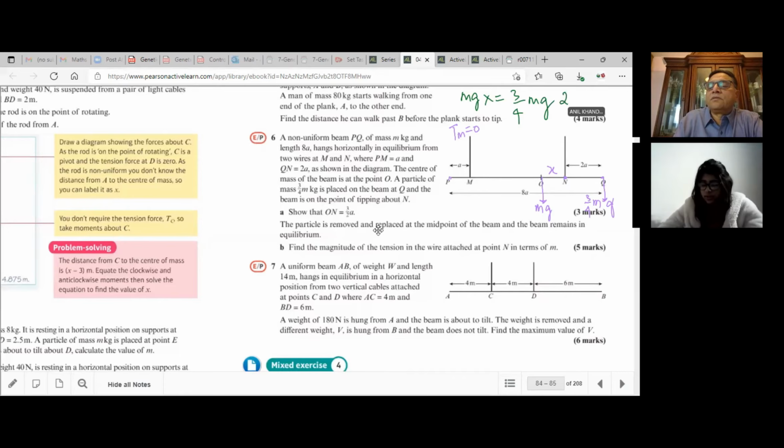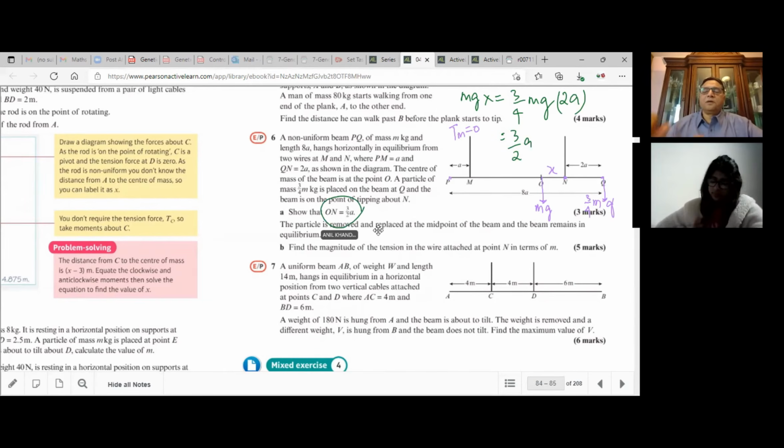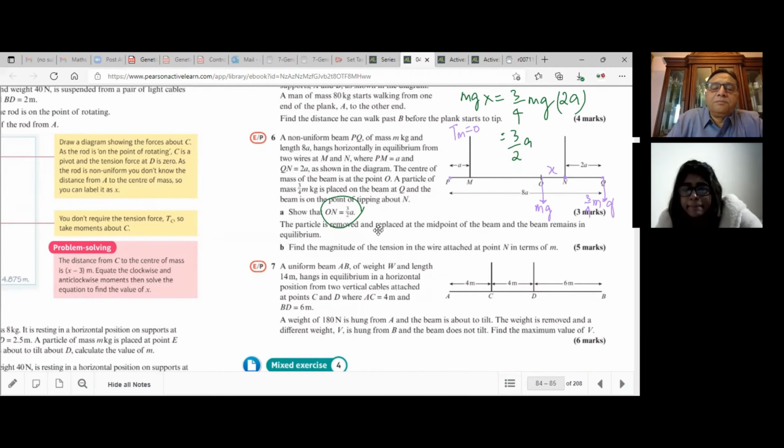The mg's cancel, and x is equal to 3/4 times 2a, which is 3/2 a. Which is what we want. So the first part makes sense.